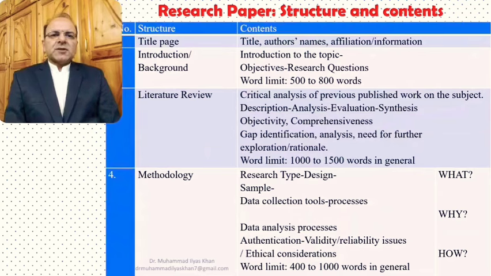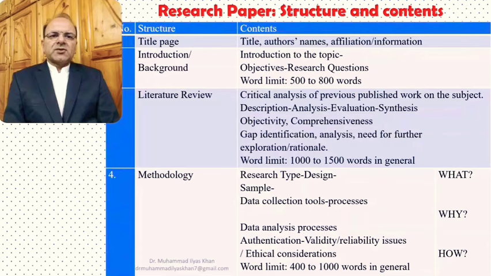And in this section, there is critical analysis of previously published work on this subject. The literature review involves the description of previous studies, previous literature, the analysis of that, and evaluation of that, and then a synthesis of the previous studies or findings from previous studies.